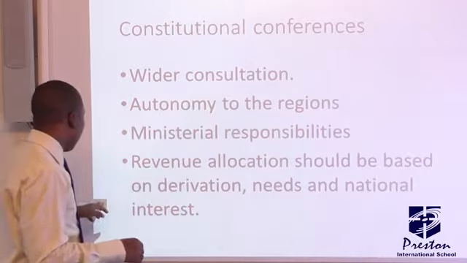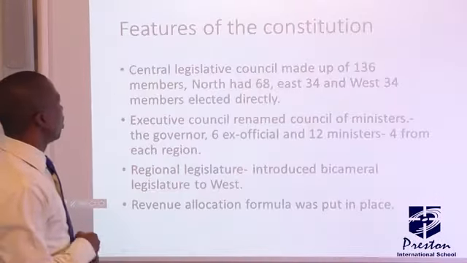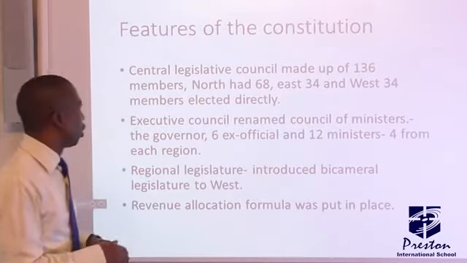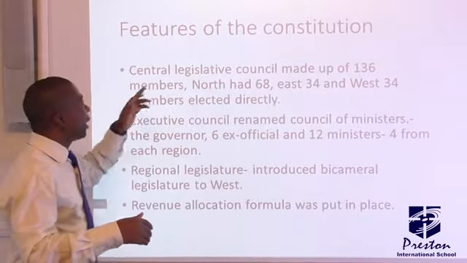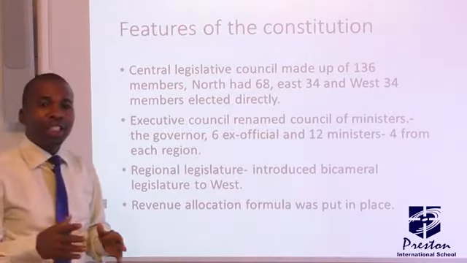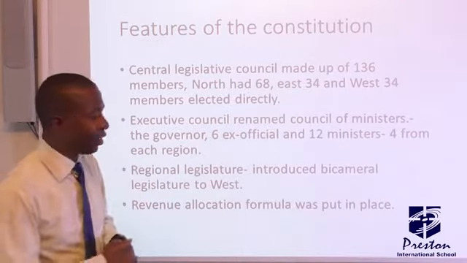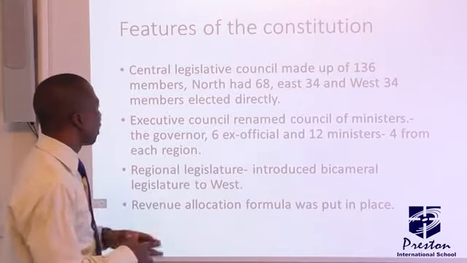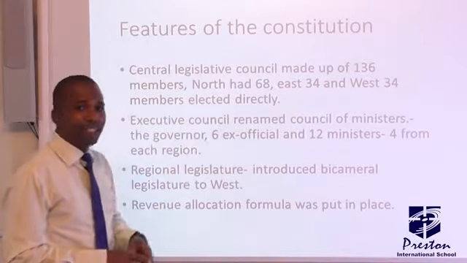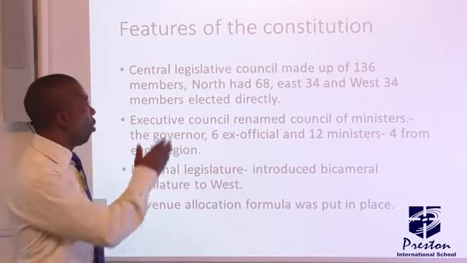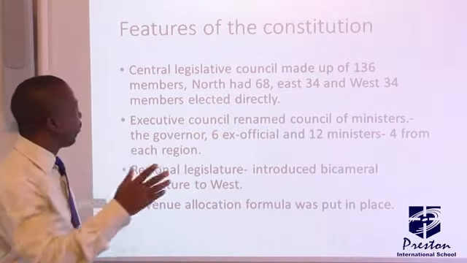All right, let's go ahead. Now, features of the MacPherson Constitution. Let's look at the Central Legislature. The Central Legislature had 136 members. The North had 68 members, the East had 34 members, while the West had 34 members.